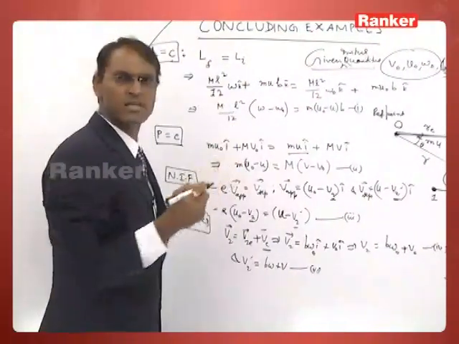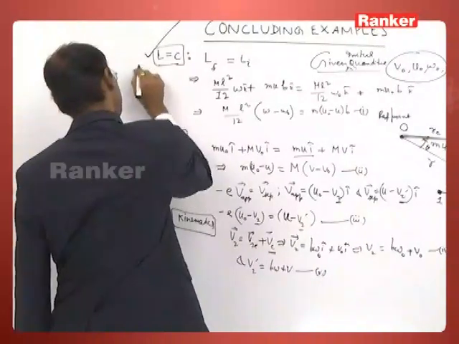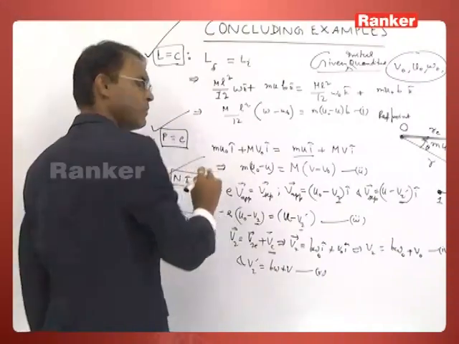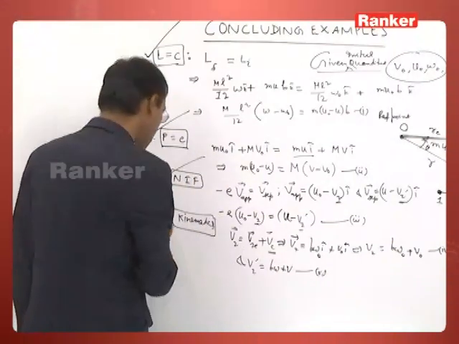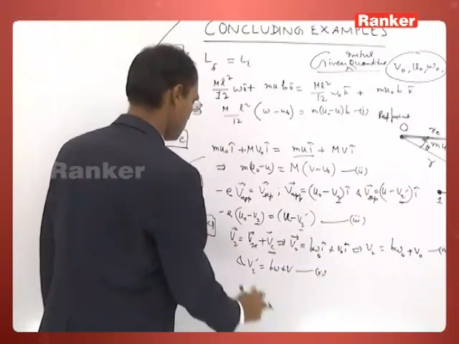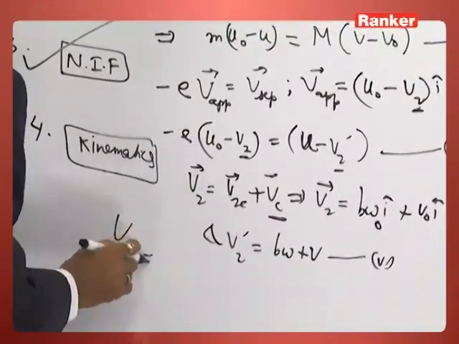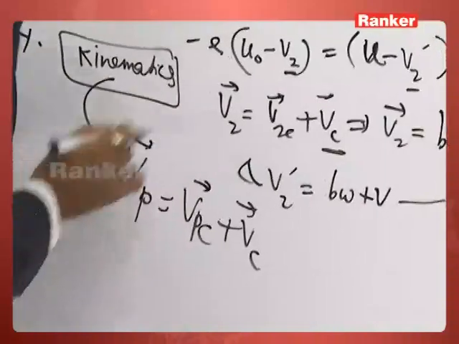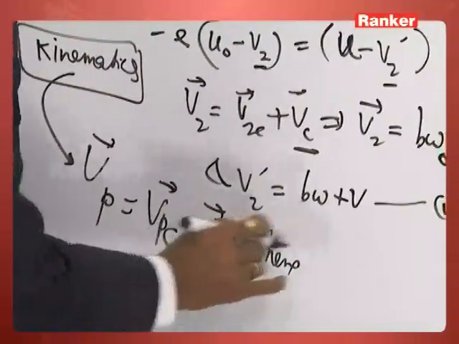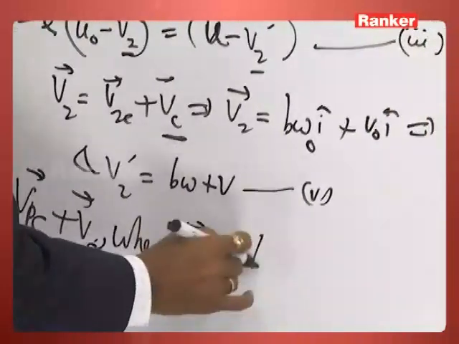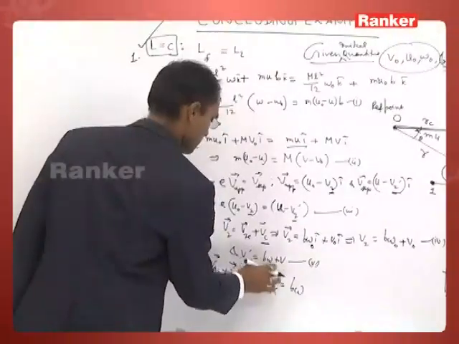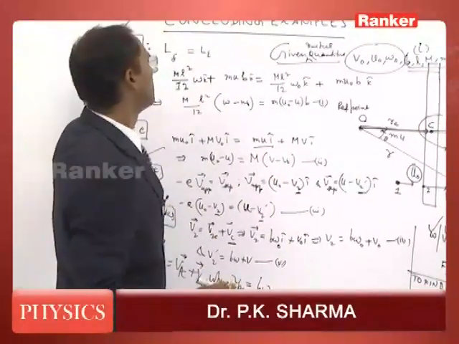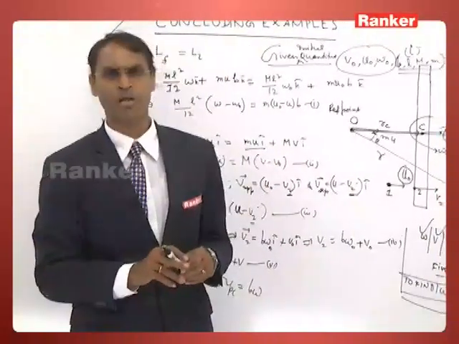The first concept is conservation of angular momentum, the second is conservation of linear momentum, the third is Newton's empirical formula, and the fourth is kinematics of rotation: Vp is equal to Vpc plus Vc, where Vpc is equal to b into omega, and directions are given. In this way you can solve problems of collision of a rigid body with particles.